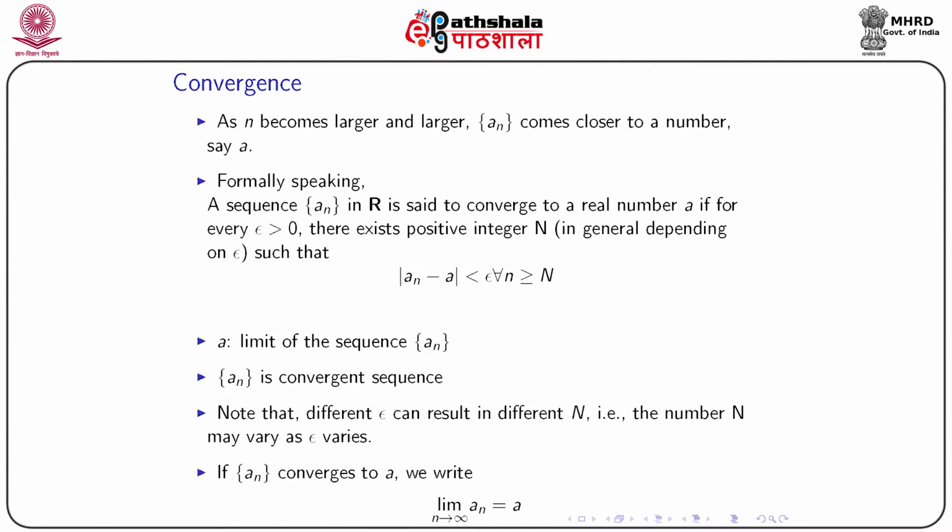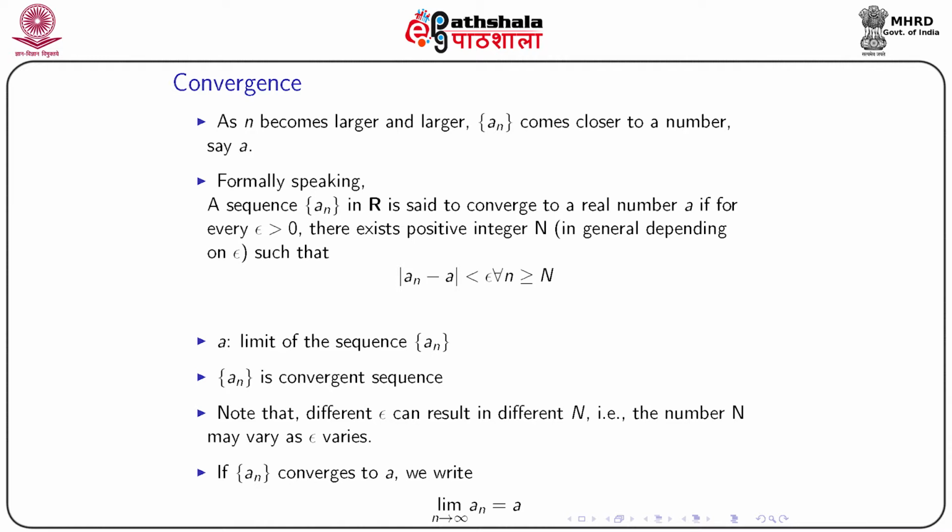Now if we are giving the formal definition of convergence, a sequence an in R, so we are talking about a real number sequence made from real numbers, is said to converge to a real number a if for every epsilon greater than 0 there exists a positive integer N, in general depending on epsilon, such that whenever small n is greater than or equal to capital N, mod of an minus a is less than epsilon.